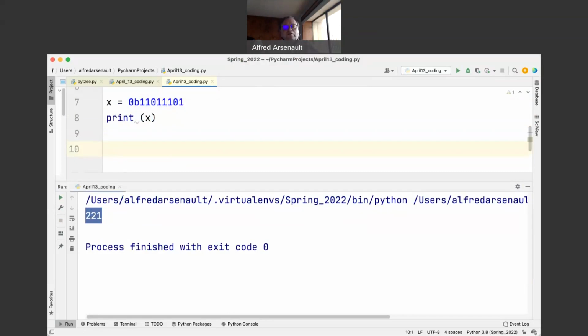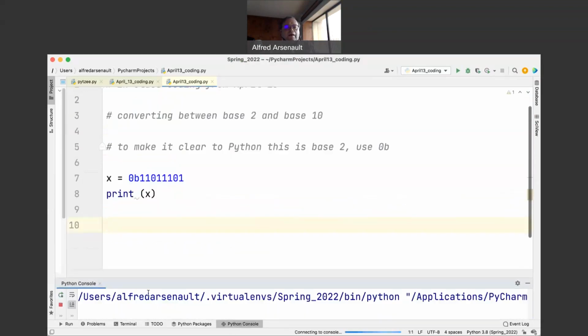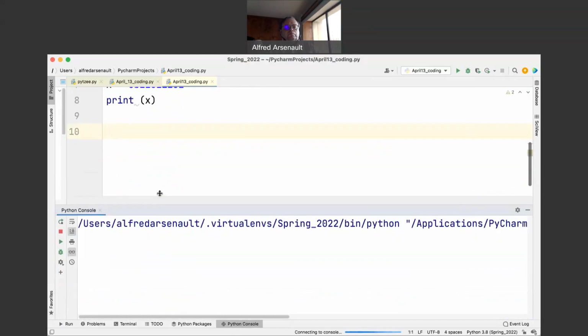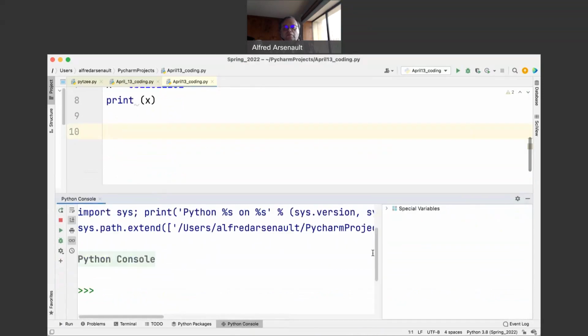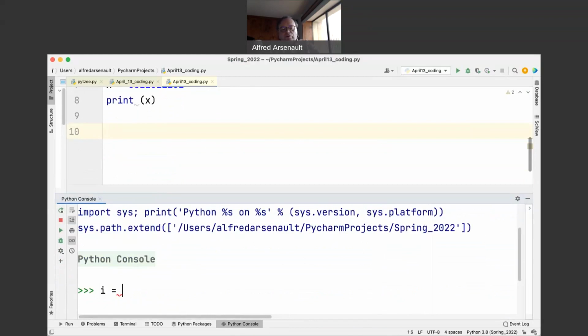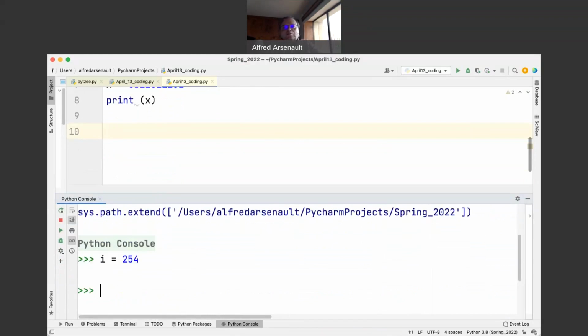If you want to convert something, let's go to a Python console. Let's get rid of this. Let's say that i equals 254, which is a decimal number.